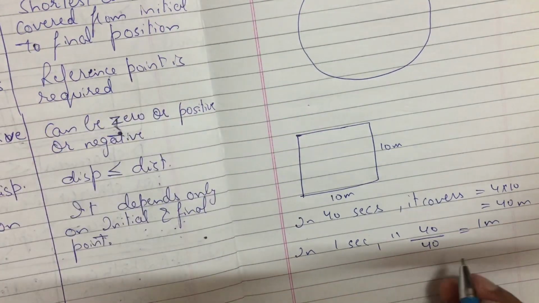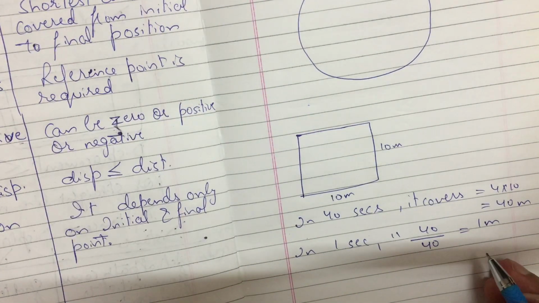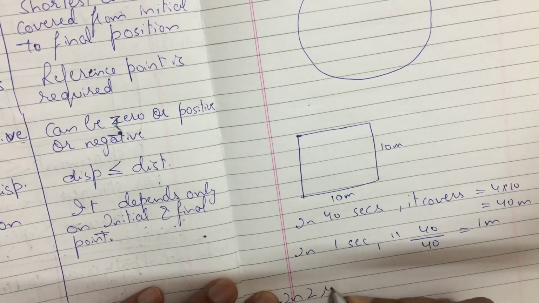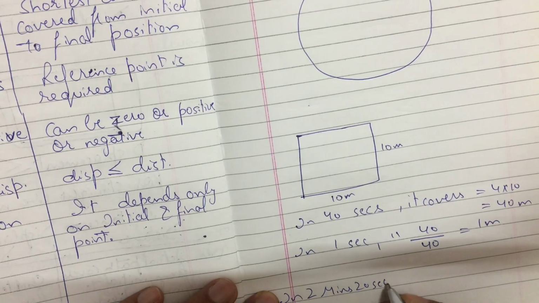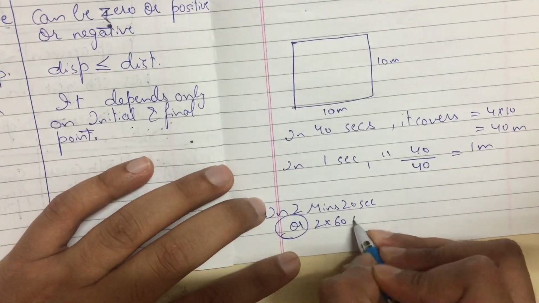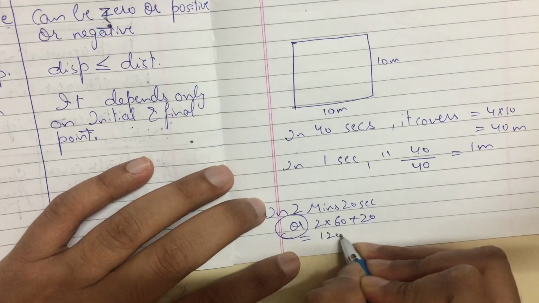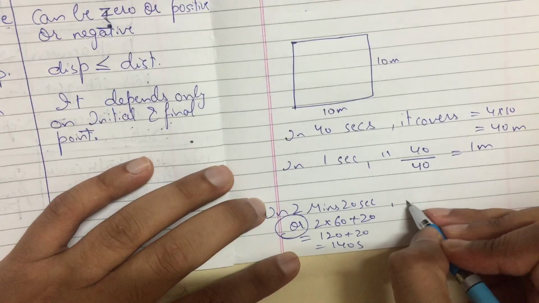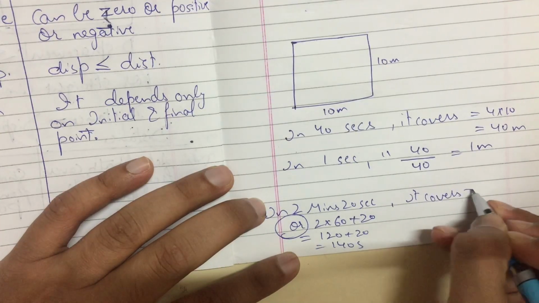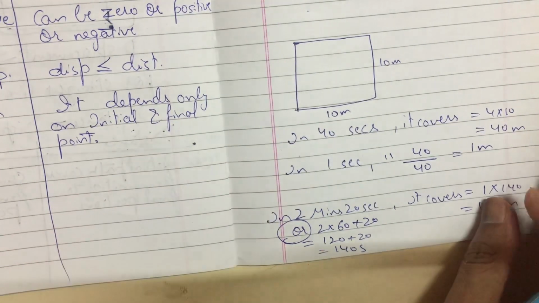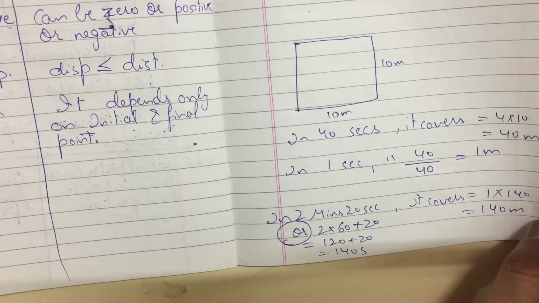It is given that the time is 2 minutes 20 seconds, which is 2 into 60 plus 20, or 120 plus 20, that is 140 seconds. So in 140 seconds it covers 140 meter.